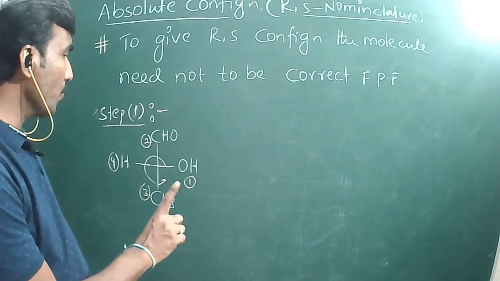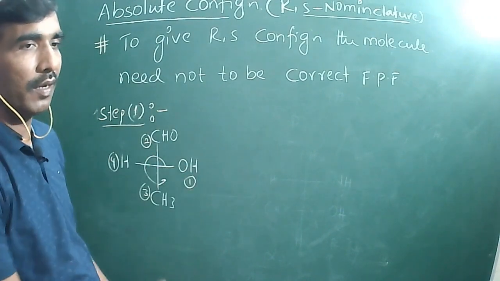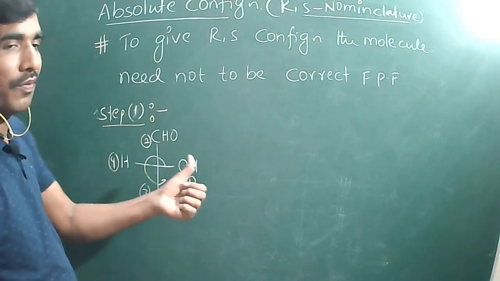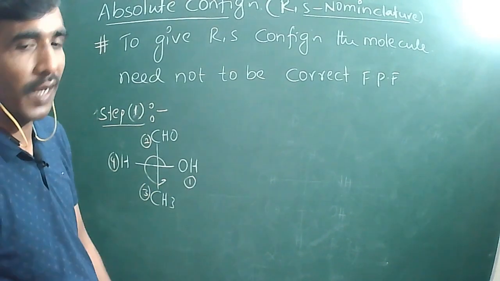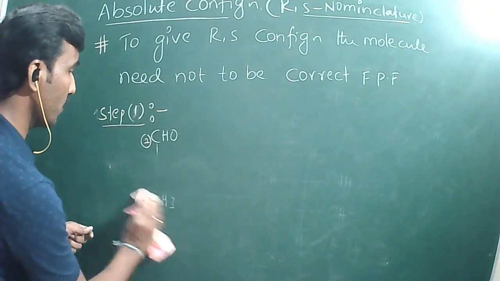Now you have to check whether the least priority group is on the vertical line or horizontal line. Horizontal line means we follow one rule and vertical line means we follow another rule. Let us start with the vertical line only, let us make it simple.